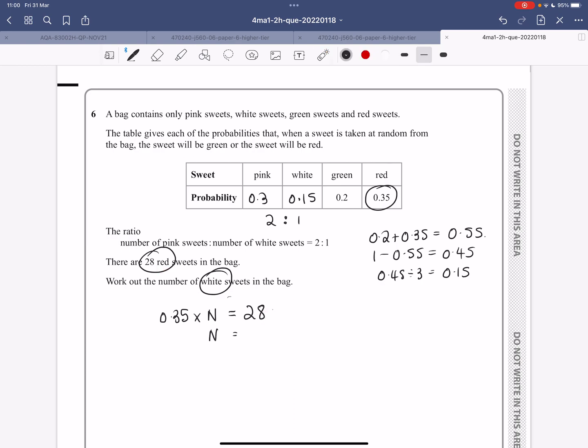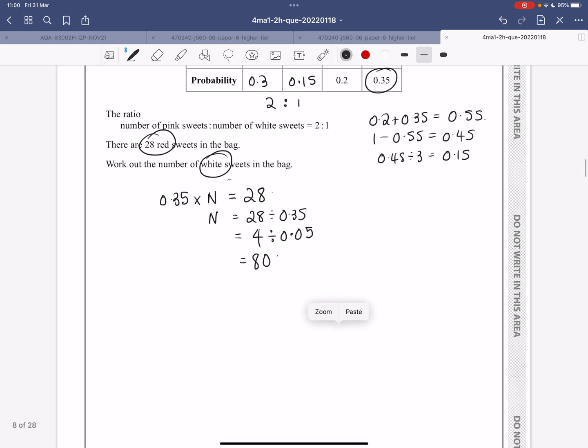So the number of sweets in the bag is 28 divided by 0.35, which, if I do top and bottom divided by 7, is 4 divided by 0.05, and on a calculator you'll see that that is 80. That's the N in the whole bag.